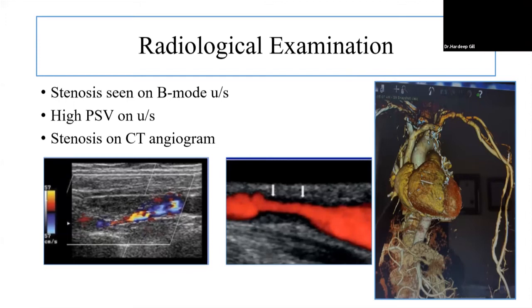And there's marked aliasing when there's a high-grade stenosis. In this image in the middle, you can see that there is a stenosis that has developed. And on a CT angiogram or a venogram, this is a patient who's had a brachiobasilic AV fistula, and you can see in the midsection of the basilic vein, there is a tight high-grade stenosis.